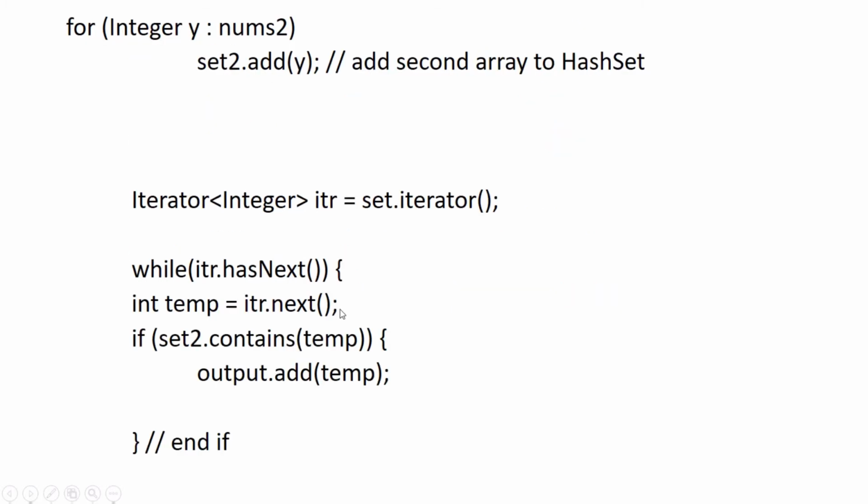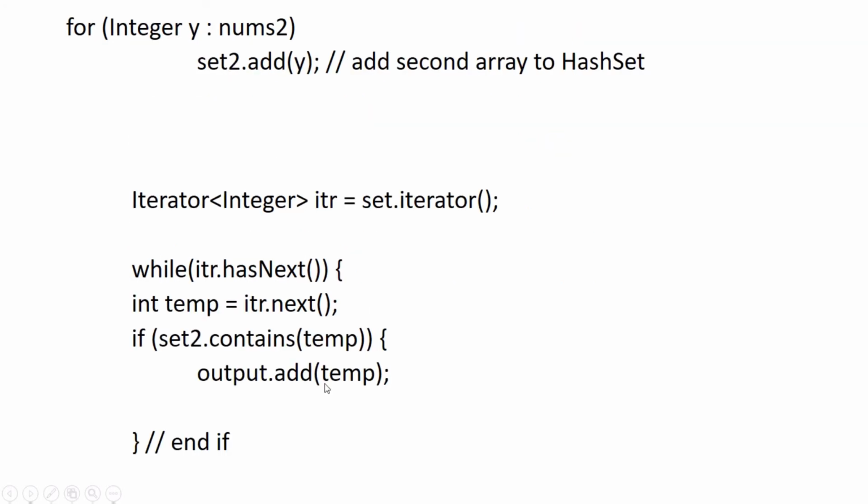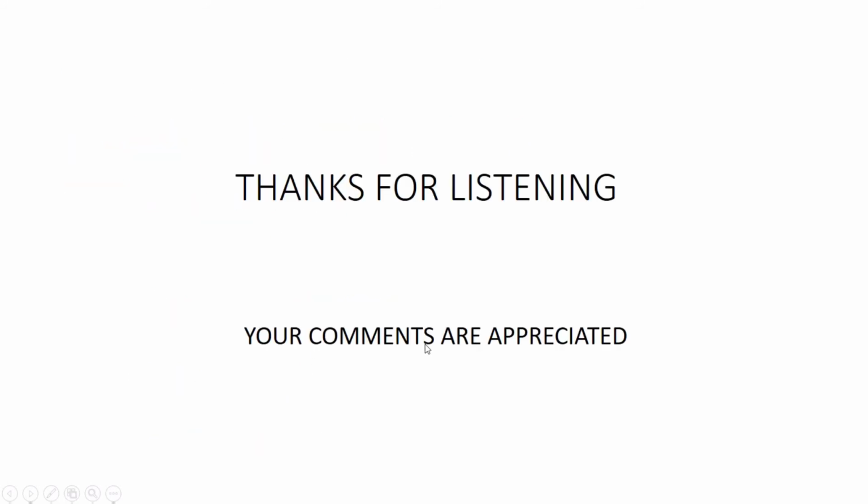So it's also linear in the maximum of the two. At the same time, we're creating space for our ArrayList output, and in the worst case that is also the maximum of the size of the two. So that is the time and space complexity.